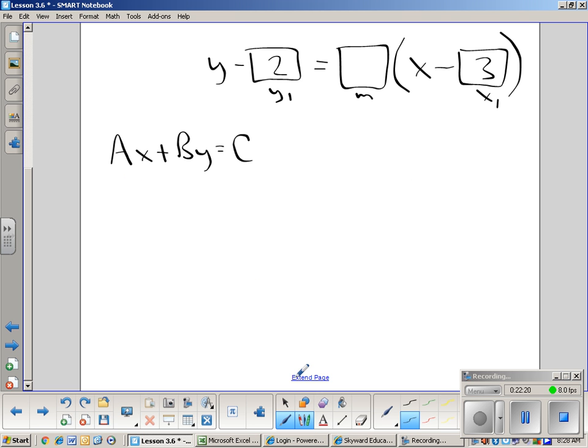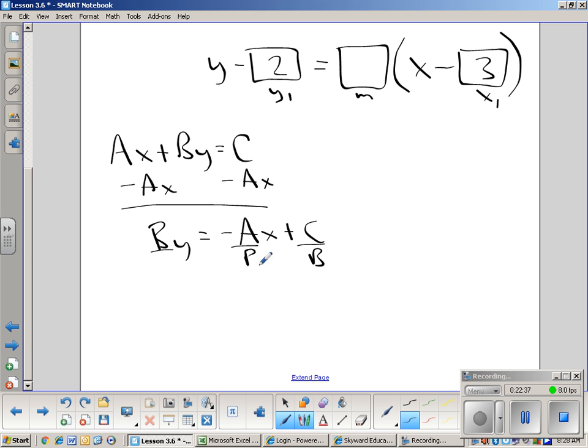And I'm going to move my ax over by subtracting ax. And so I get by is equal to negative ax plus c. And then I'm going to divide everything by b. And so y is equal to the opposite of a over b, x, plus c over b.